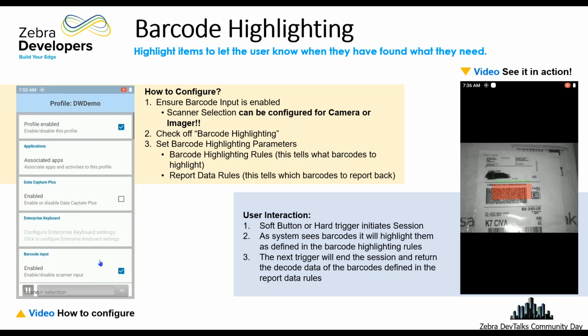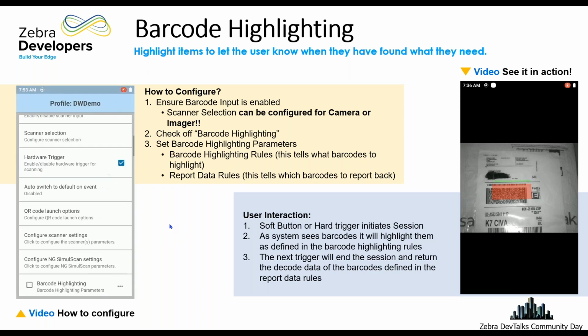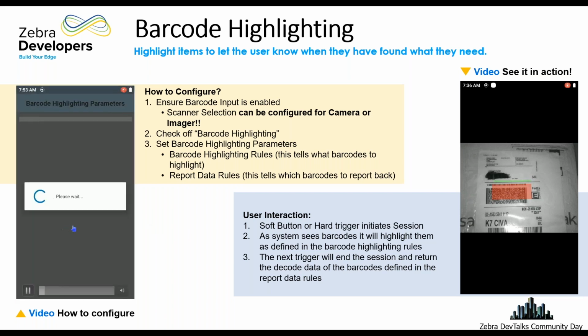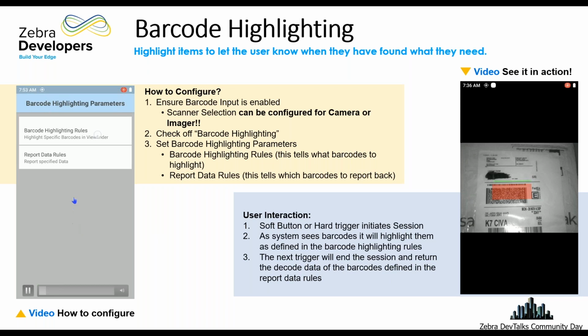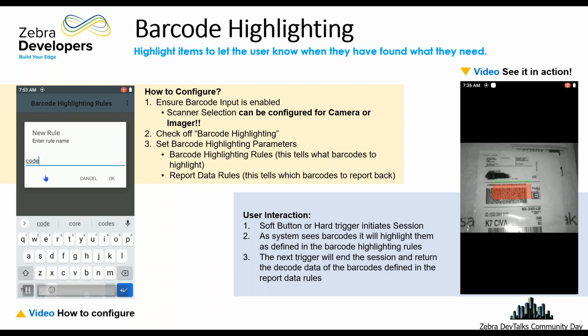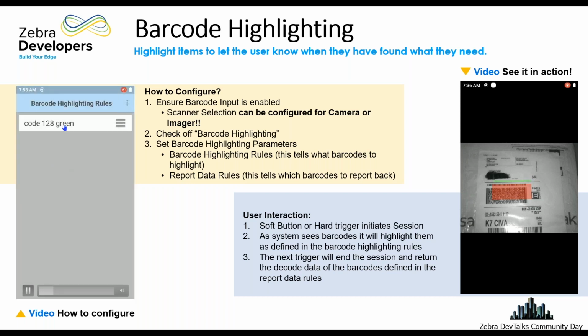So this is a simple example where you can configure a barcode highlighting rule. We are enabling barcode highlighting under barcode input, and then we add rules to highlight. In this case, we are highlighting code 128 with green.